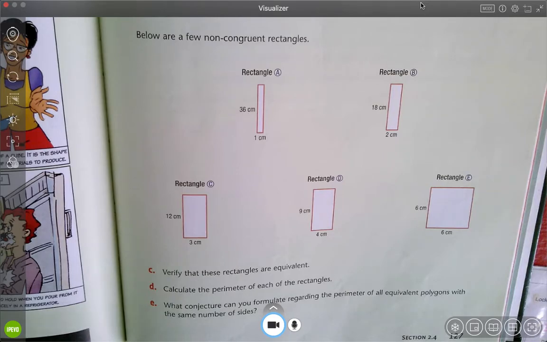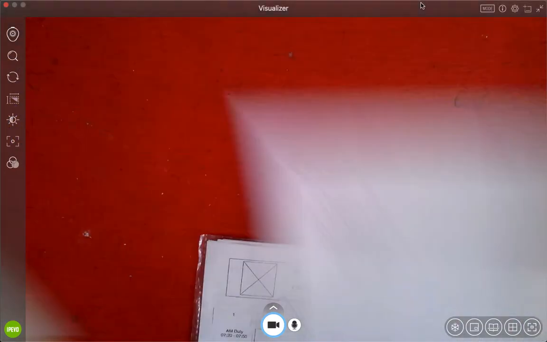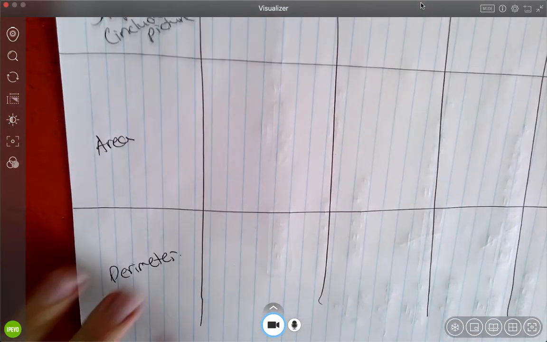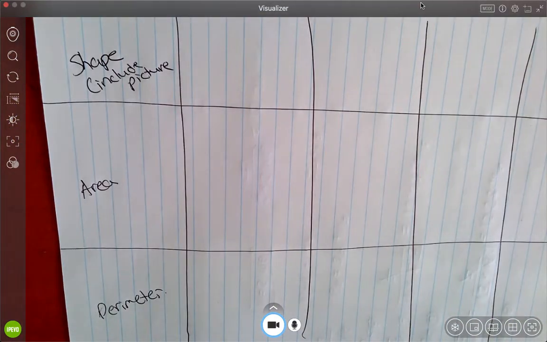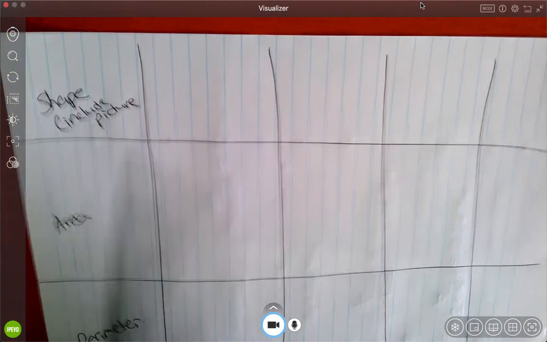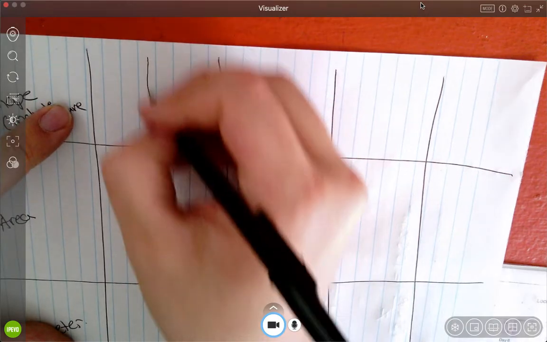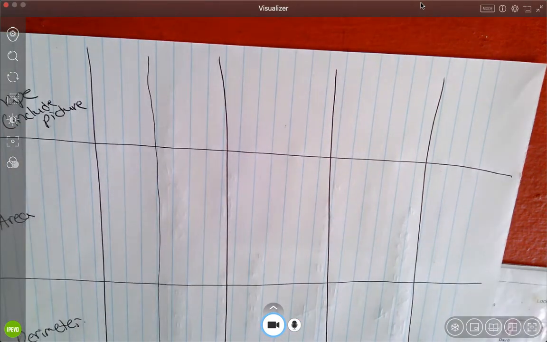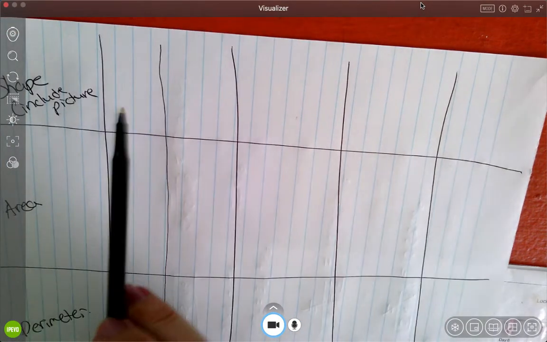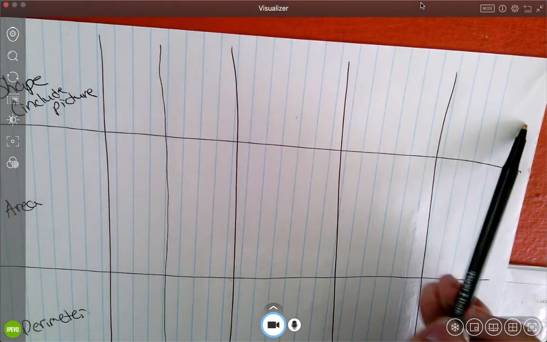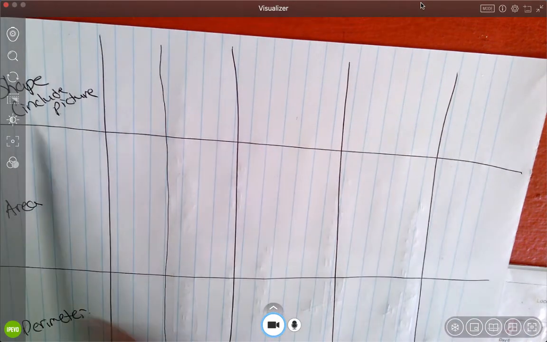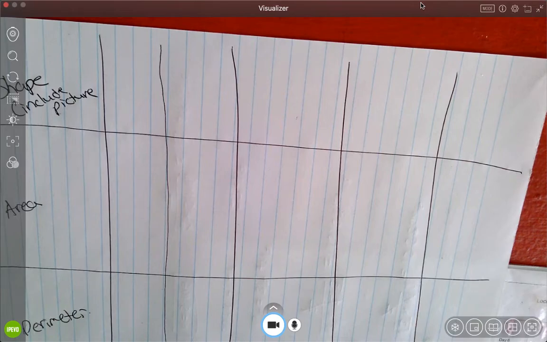Okay? Don't do what I did. So that you have 1, 2, 3, 4, 5, 6 different columns and 3 rows.